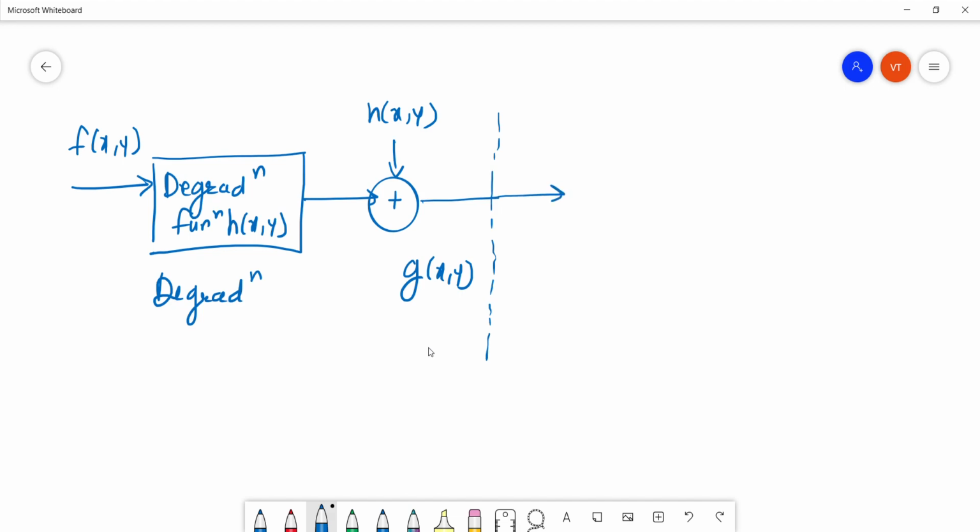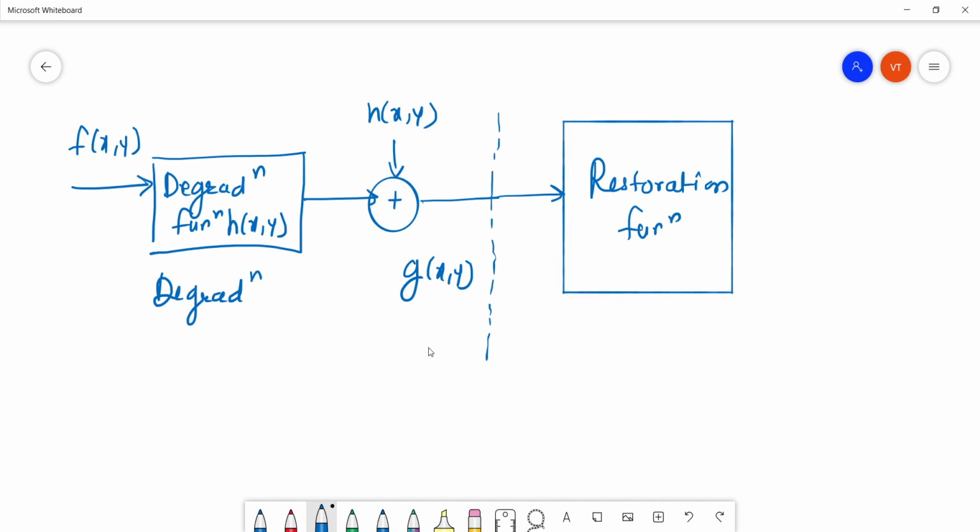And this is your restoration function, and this is what you get, f cap x comma y. So what is this f cap x comma y? It is a restored image, right? This is restoration.